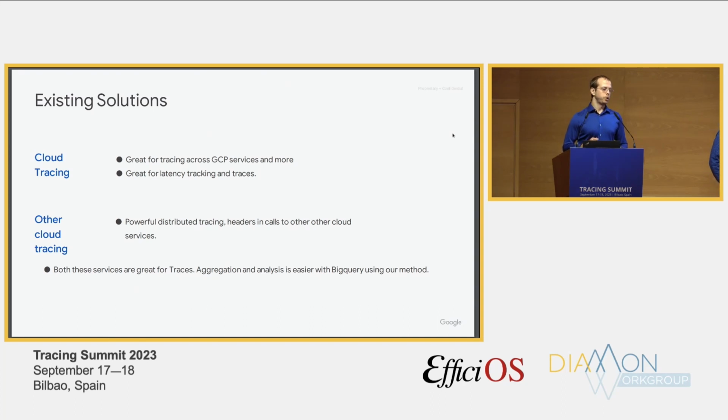They do a really great job at tracing per request, per invocation, or otherwise scoped in traces, but we needed the ability to trace across a whole data transfer that could take hours or days in some cases if someone's uploading multiple petabytes from on-prem up to, say, Google Cloud Storage.